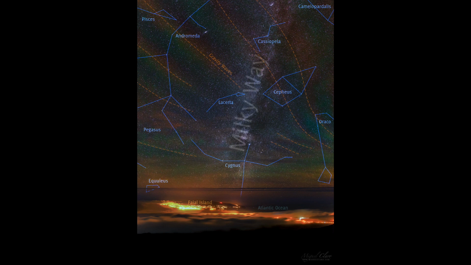Now, the repeating pattern itself, you'll see labeled here, what are called gravity waves. This is quite different from the gravitational waves that we have looked at in the past. Gravitational waves are actually caused by moving objects with mass, and they are a consequence of Einstein's general theory of relativity.